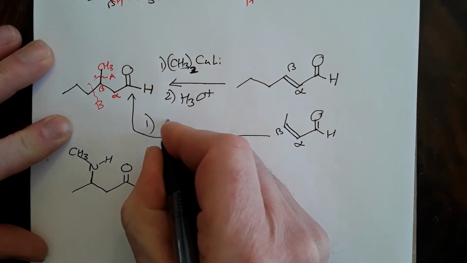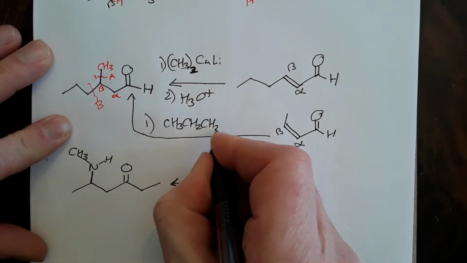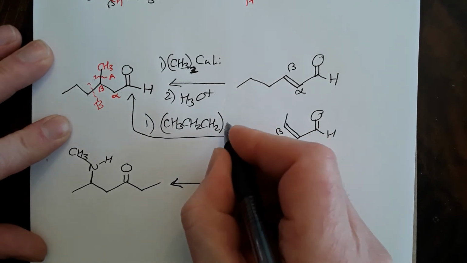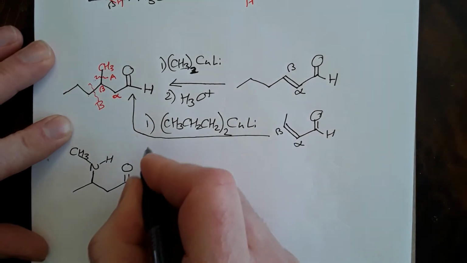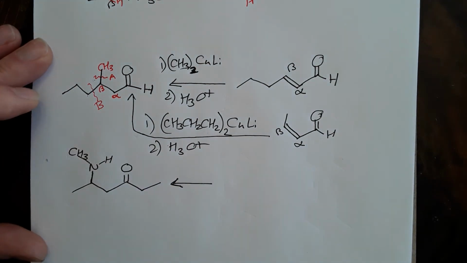And so step number 1, we have the dipropyl cuprate, 2 propyl groups, copper, lithium, and then followed by H3O.